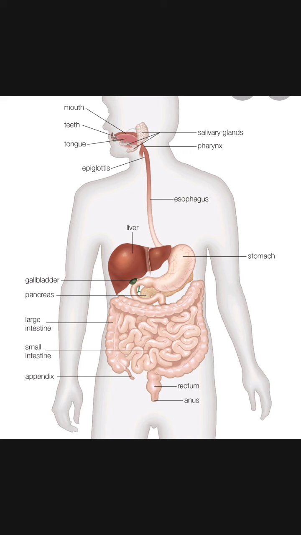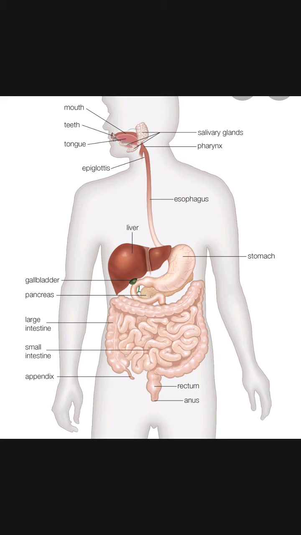Stomach, you can see, is a large bag-like structure. It expands when the food enters it. And here the walls of the stomach have gastric glands. They release hydrochloric acid, a protein digesting enzyme, that is pepsin, and mucus.